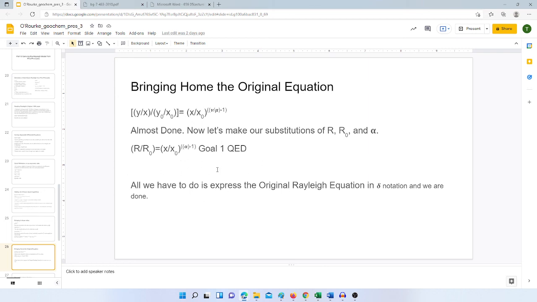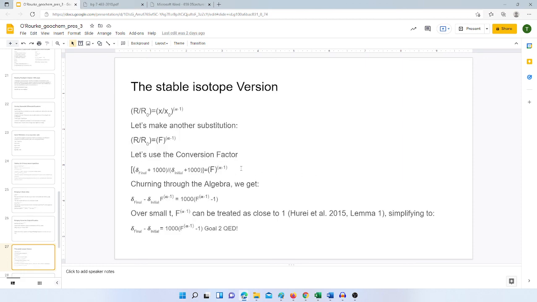Now, all we have to do is express this in delta notation, and we're done. So again, remember, we're going to use this f substitution here to get rid of this x over x naught, and we're going to use our conversion factor that we talked about before. The algebra here is so simple, I'm not even going to churn through it, but you can prove for yourself that this is the end product of that algebra.